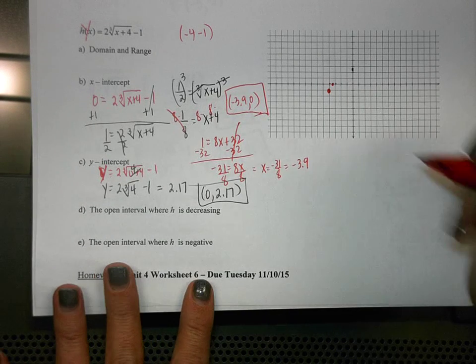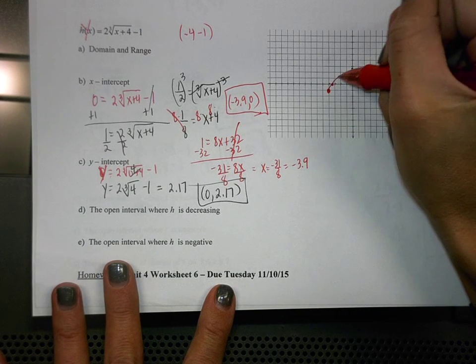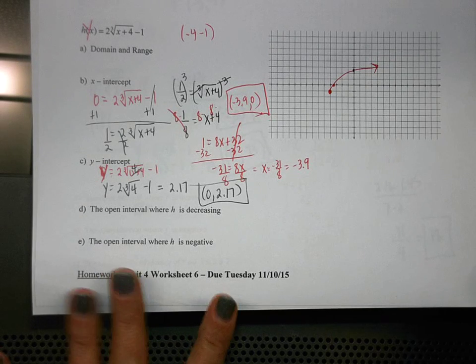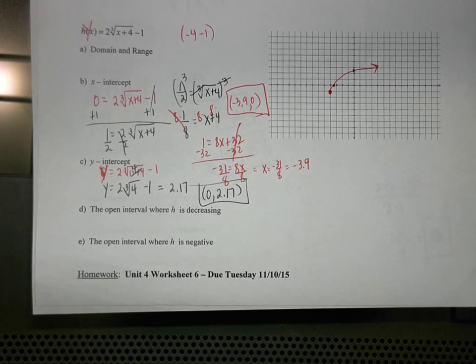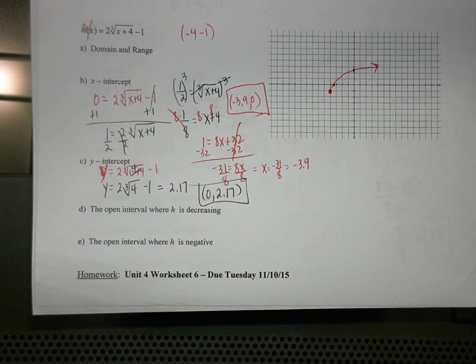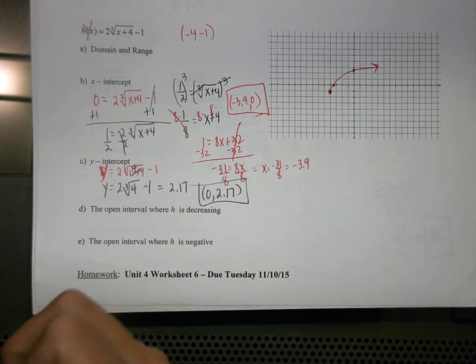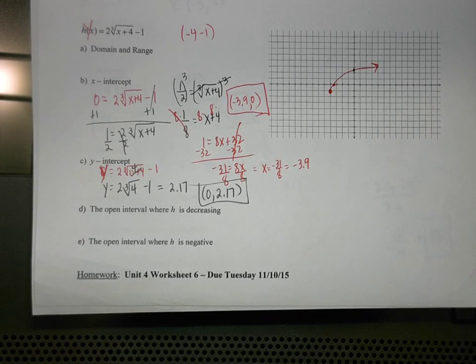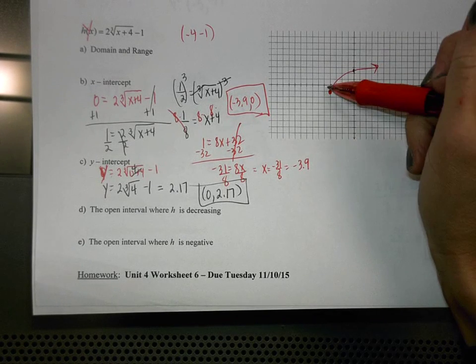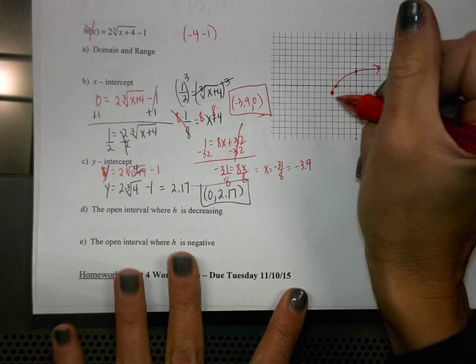So right now, this part goes like this. And if we had Desmos open right now, I would show you. But what happens is this actually ends up going the opposite direction as well. So if you were to plug in a negative value, it ends up curving the opposite direction this way.